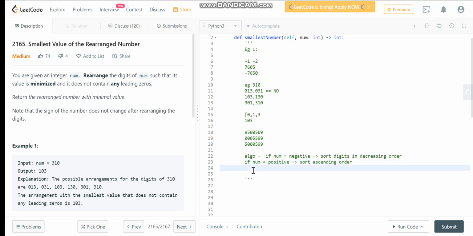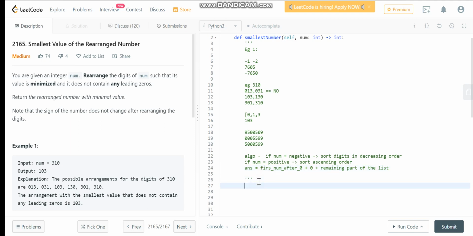But the final answer would be the first immediate number, the first number after 0, then place all the zeros, however many zeros there are, and then the remaining part of the list. So this is basically the whole idea. I hope I was clear enough.